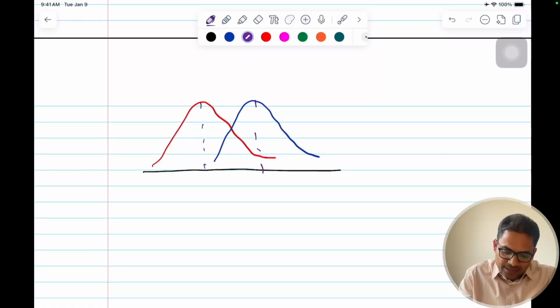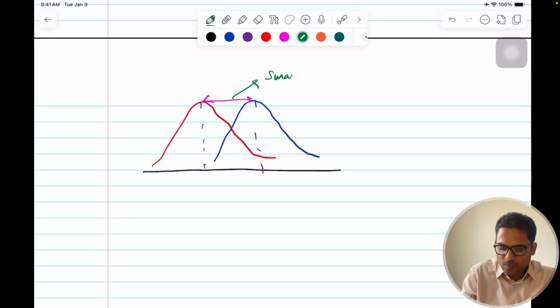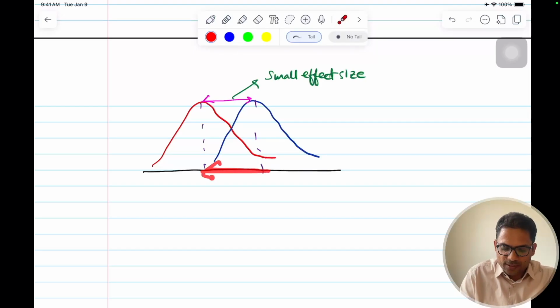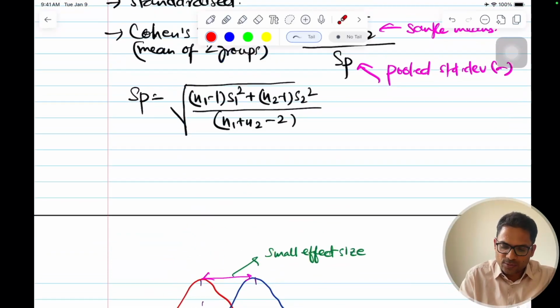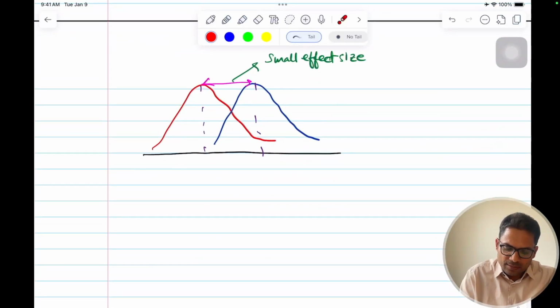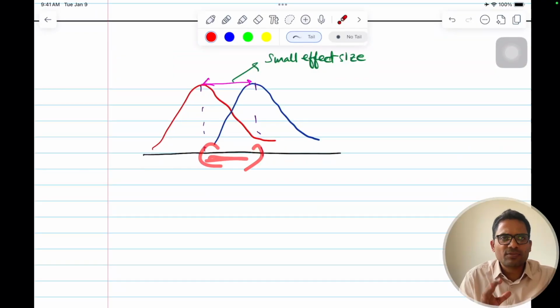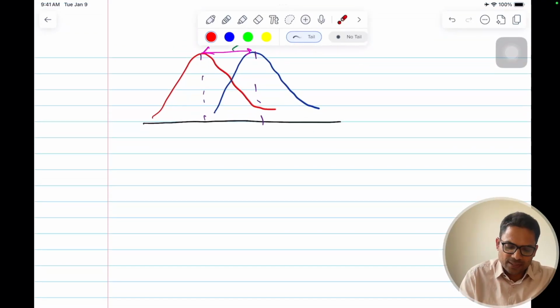If the distance between these two is small, this is your small effect size. If the means are not too far apart, both samples are almost the same. X1 and X2 are almost the same, so the difference is small, meaning the effect is small.